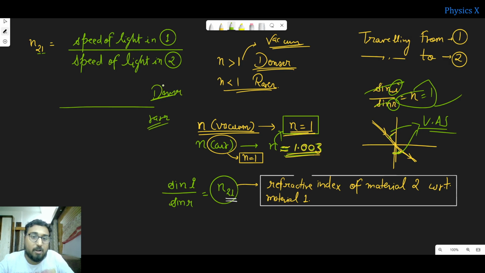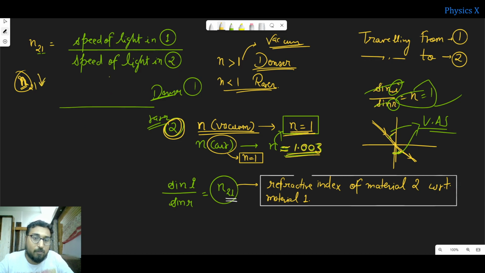The materials have changed, so I will take this as the second material. In the second material, the speed of light will be more, and in this one the speed of light will be less. So what will happen? The refractive index of material 2 with respect to material 1 will be what?